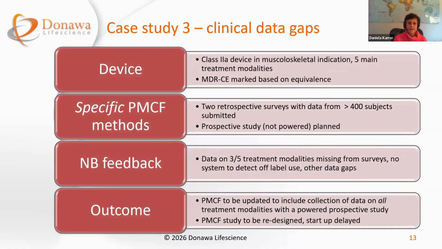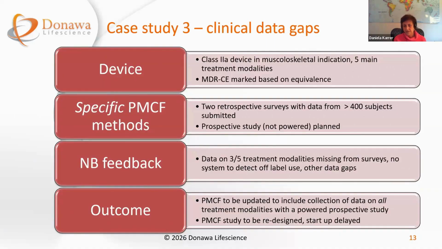Case study 3, a class 2A device in a musculoskeletal indication, with 5 main treatment modalities. Again, another device that was CE-marked based on equivalence. In this case, the manufacturers did plan and partly execute specific PMCF methods.